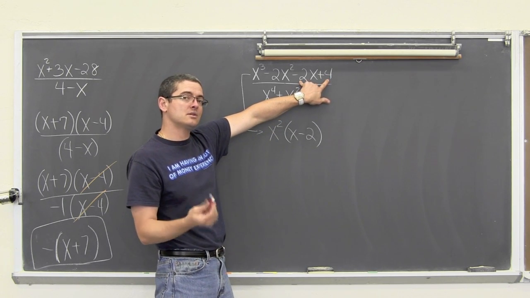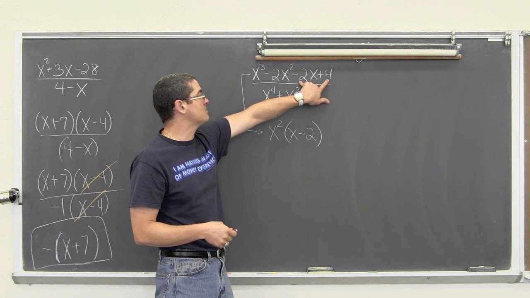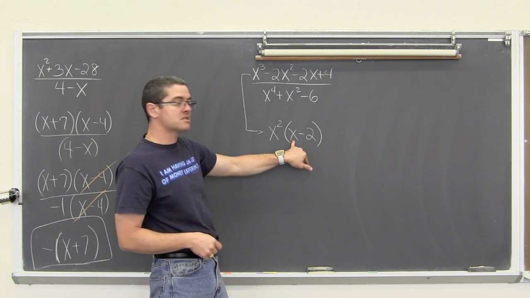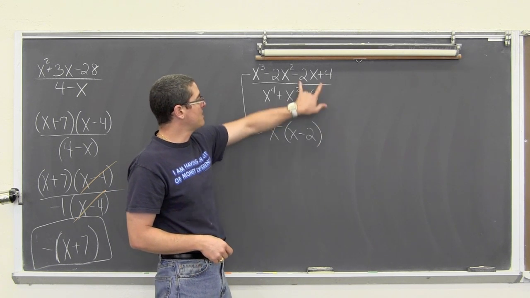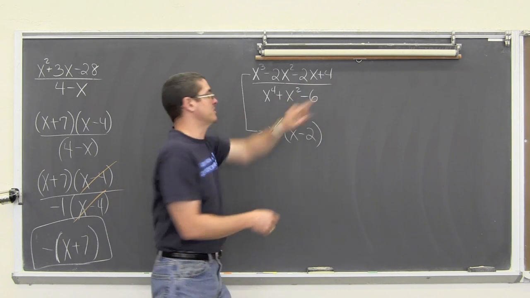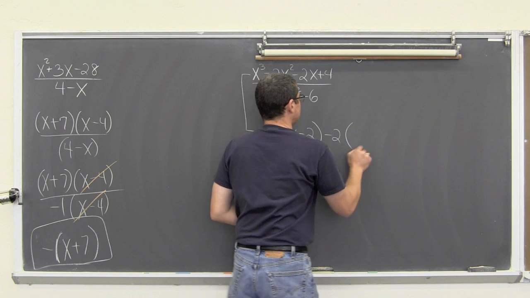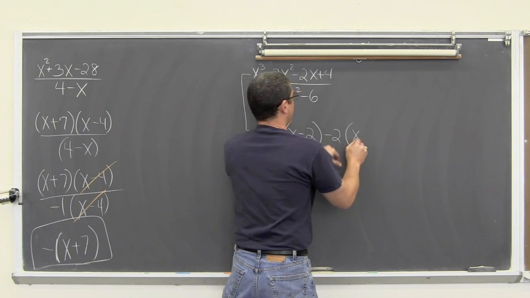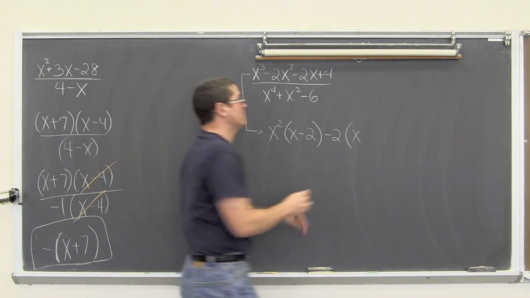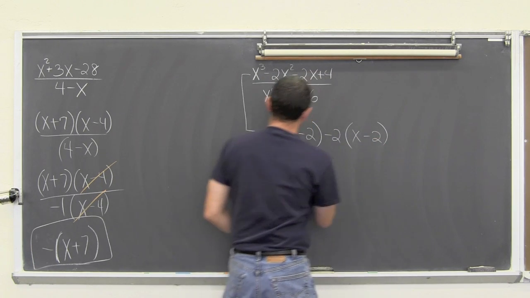Now, we can divide a 2 out of each of these terms, but I want my x to be positive and my constant to be negative. So I'm not going to just take a 2 out, I'm going to take out a negative 2. So negative 2 divided by negative 2 is 1, x, and positive 4 divided by negative 2 is negative 2.